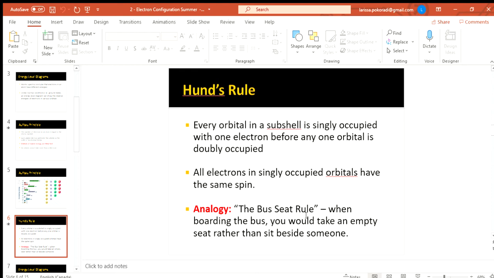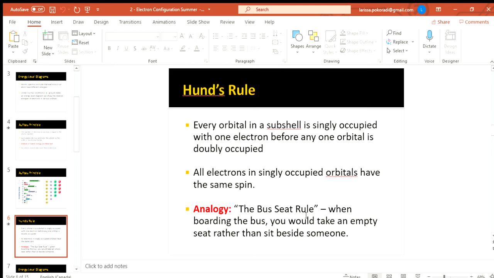Odds are that you're going to sit in that 2-person seat that no one else is occupying at the time, instead of pairing off with a stranger that you don't want to talk to. So that's what Hund's rule pretty much is, but for different orientations of an orbital.